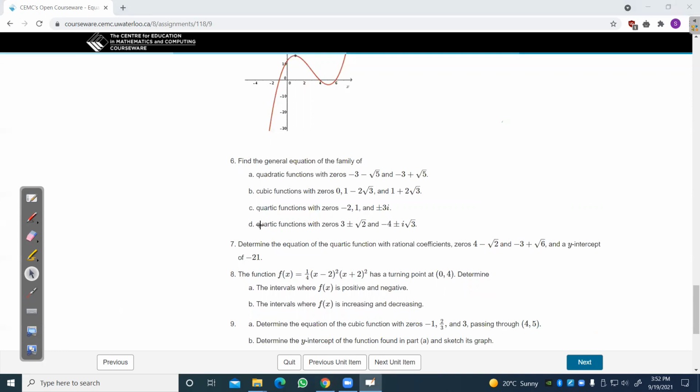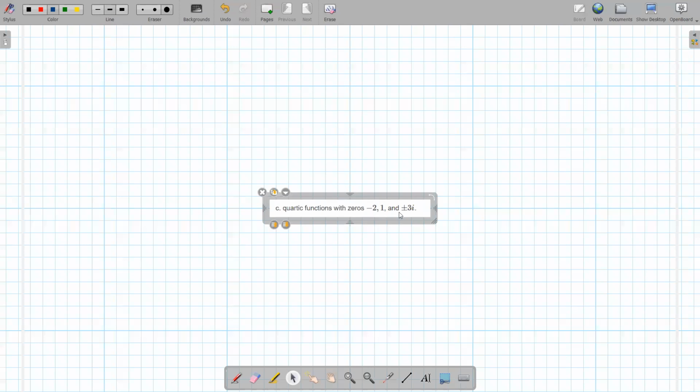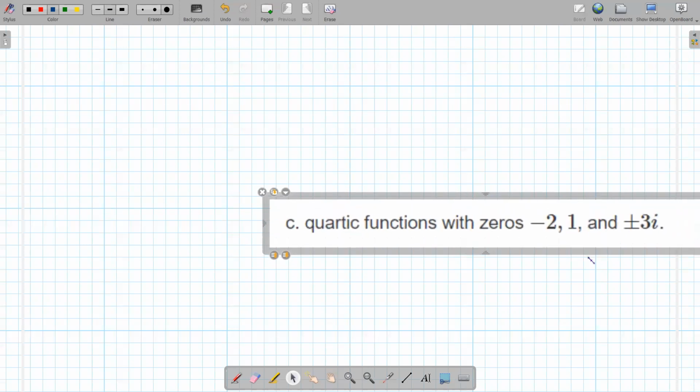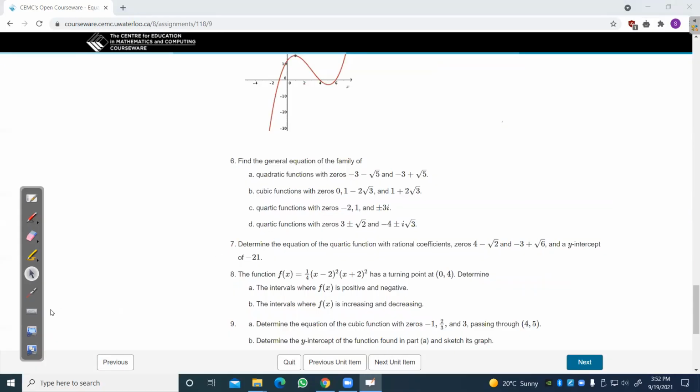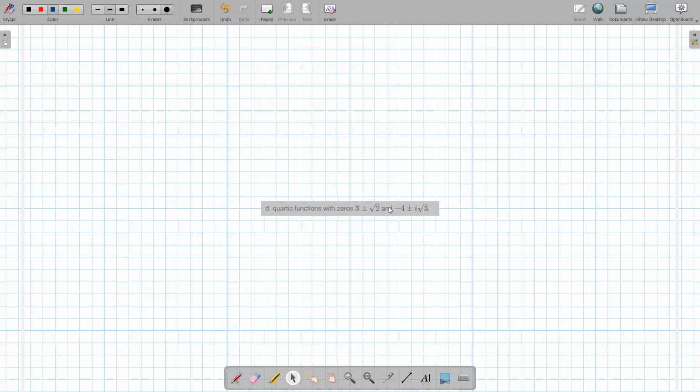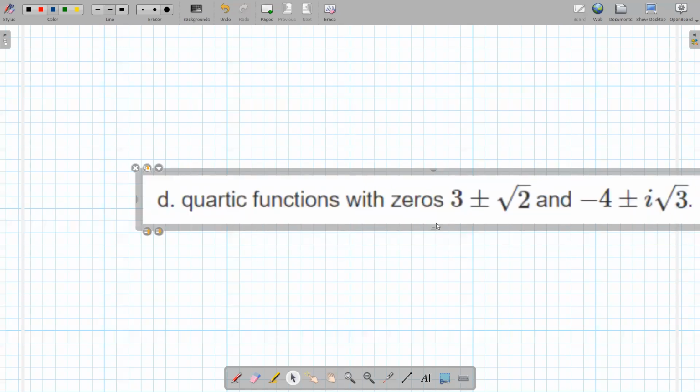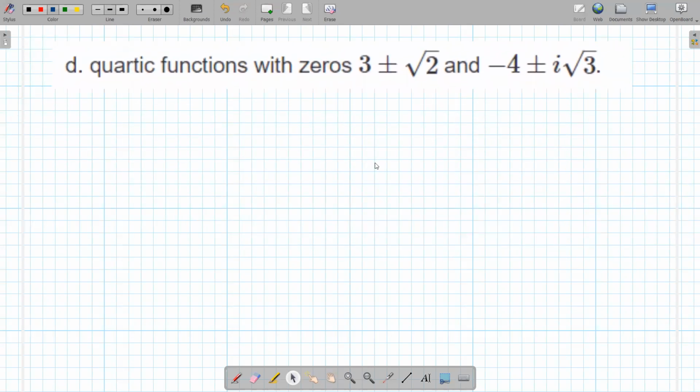It says find the general equation of a quartic function which has these as the zeros. Actually, this is a little bit easier. Let's try this one. So they've given us the zeros, and we're supposed to come up with the equation.